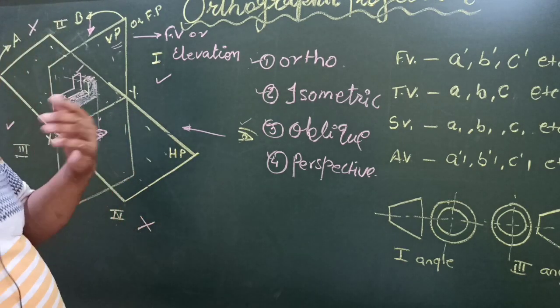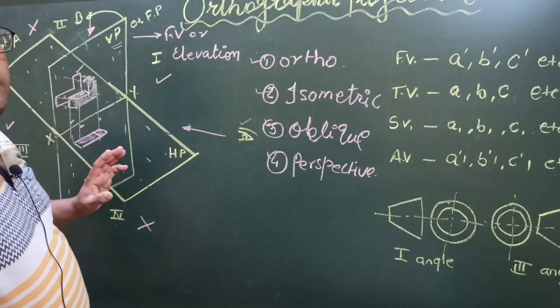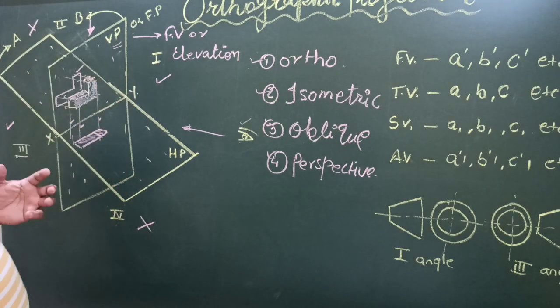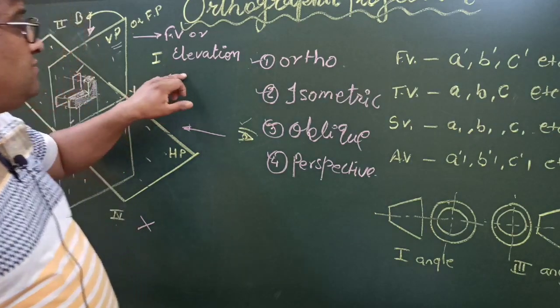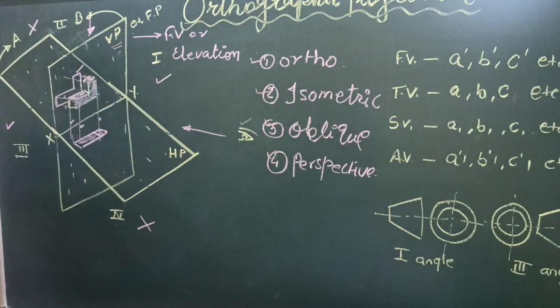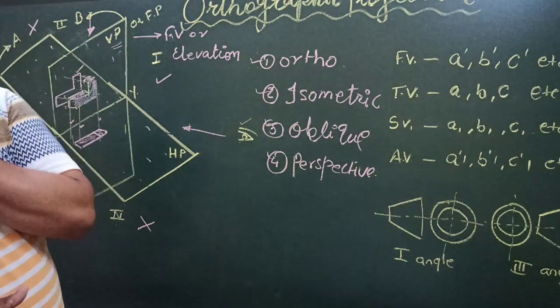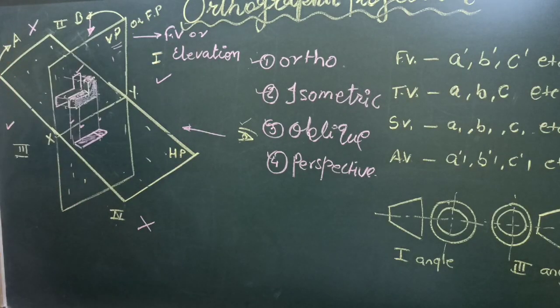Nothing is different. We will talk about the differences also, but as far as views are concerned, they will be similar. Just the positions of the views will change. As far as India is concerned, we generally use first angle projection unless otherwise specified in the problem. Okay, so let us move further.